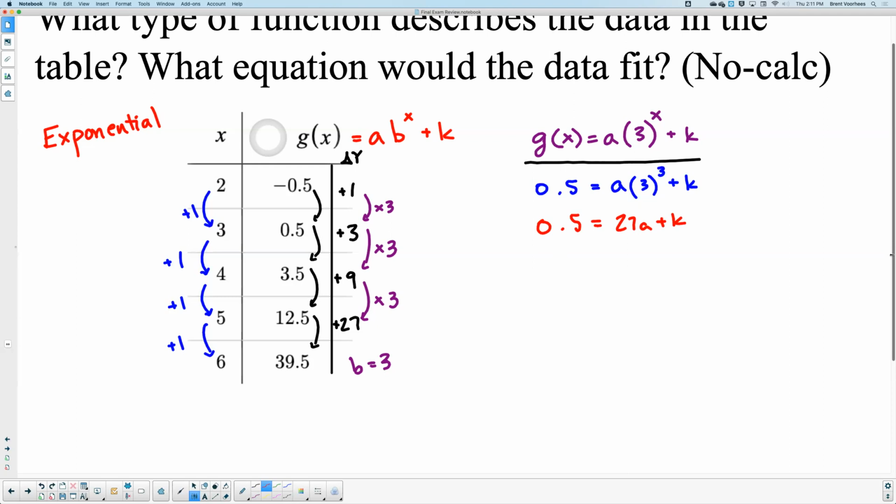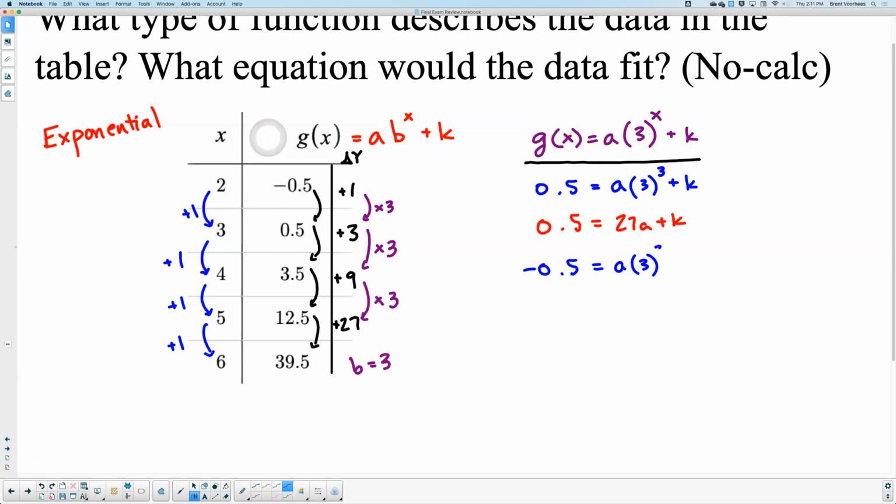Okay, now what did we do last problem after we did that? We did a second point. Which point do y'all want to use this time? Do you want to use 4? That's going to be getting us a pretty big number there because 3 to the 4th. We want to use squared. Let's say we're not scared of the negative. Let's do the negative. If we plug in negative 0.5 equals a times, I put a 2 there, sorry.